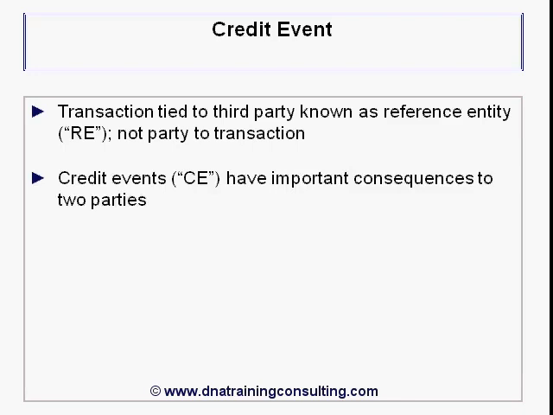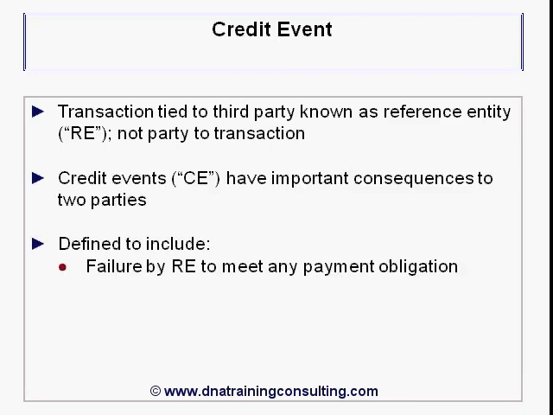It has been typical in recent years to define credit event to include both a failure by the reference entity to meet any of its payment obligations under its principal debts, or a voluntary or involuntary bankruptcy filing by the reference entity. Such a credit event may or may not occur, of course, during the life of the transaction.